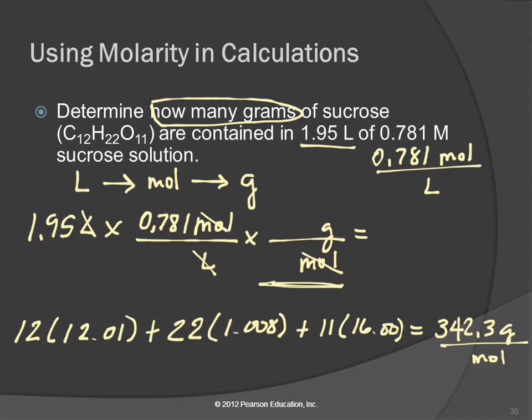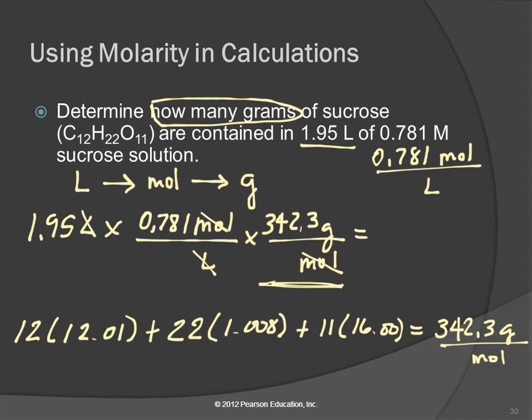So that's our last conversion factor. So stick that in there. 342.3 grams per mole. So we have 1.95 times 0.781 times 342.3. I came up with 521.